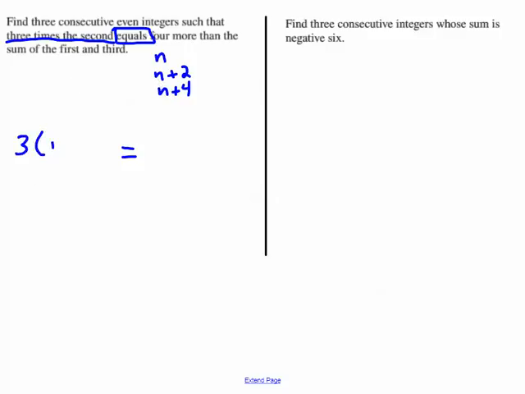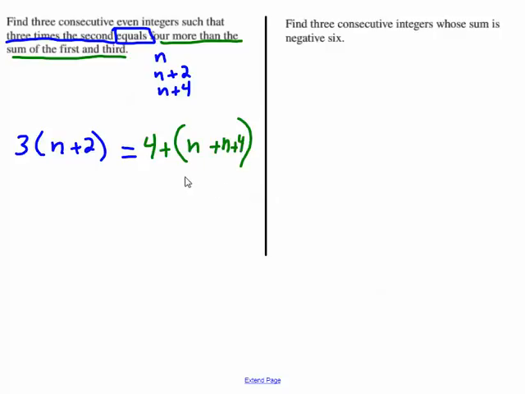Right there, n plus 2, equals 4 more than the sum of the first and third. What's the first? n. What's the third? n plus 4.